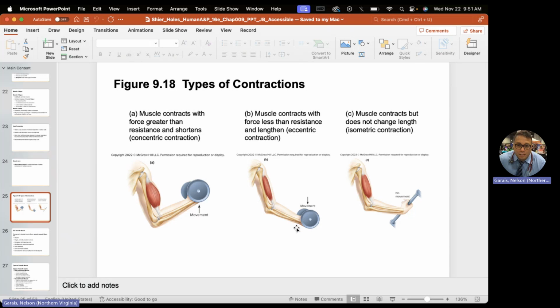The weight is going to still stick to the ground. So I now have my muscle longer. That's called eccentric contraction, when my muscle gets longer because I can't pick up the weight and the resistance of gravity is too great. And last but not least, isometric contraction, nothing moves at all.